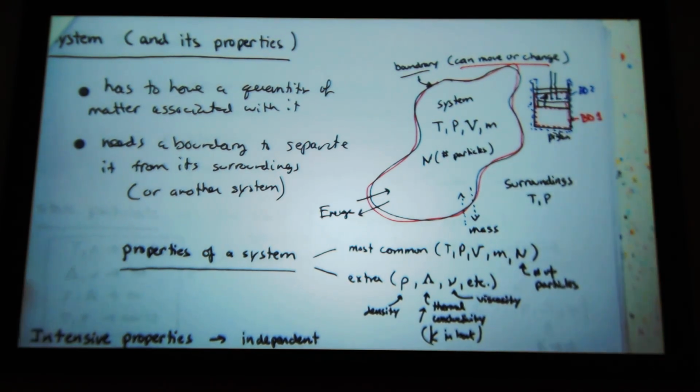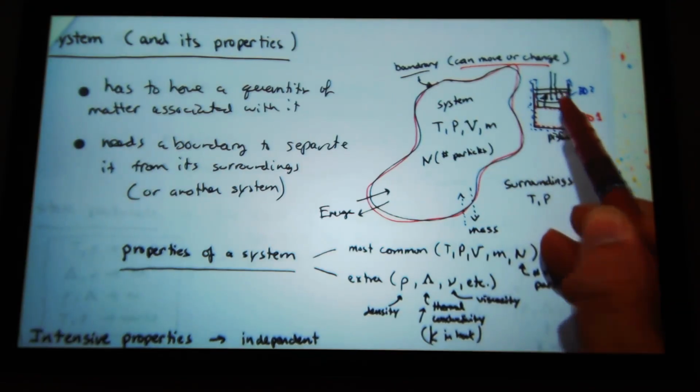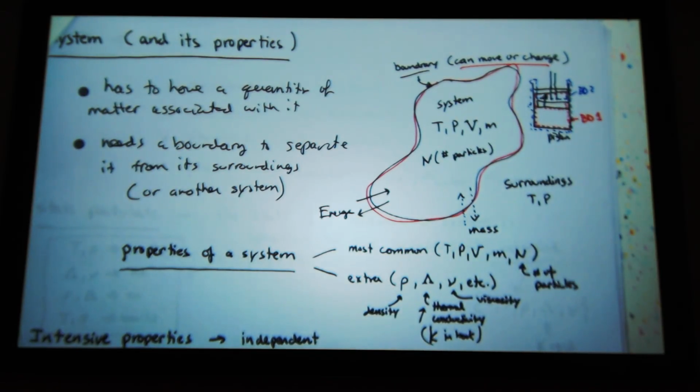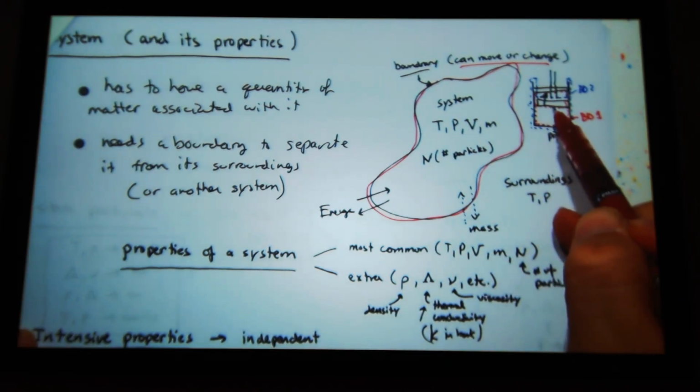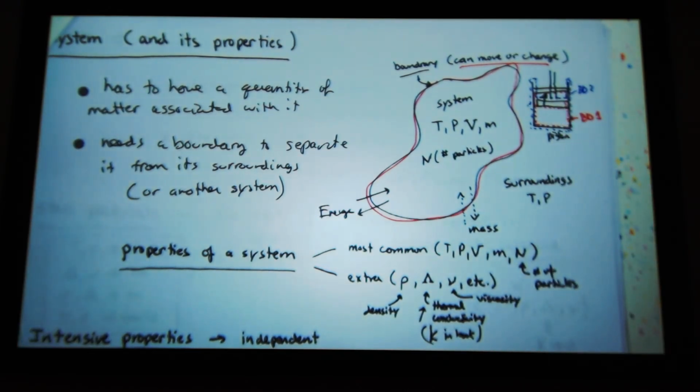When the piston goes up, is that work out or work in? The piston went from here to there. It's work out. When I compress the gas, I'm doing work. When I have the explosion reaction, it does work out. So you can see I had an increase in volume.